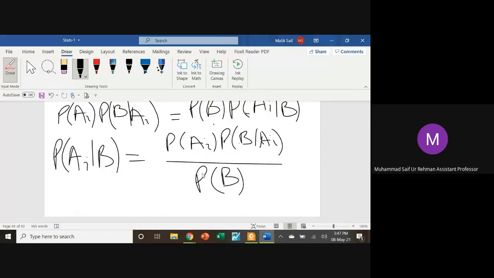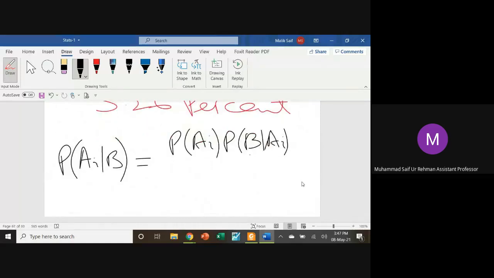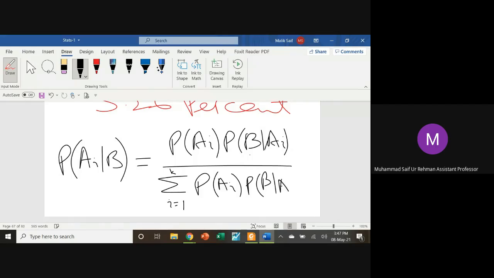And instead of writing probability of B, what I'm going to write down? I'm going to write down this term, summation I from 1 to K, and here I'm going to write down probability of AI, the term that is written over there in the numerator, probability of B given AI. Okay, so this is the formula.